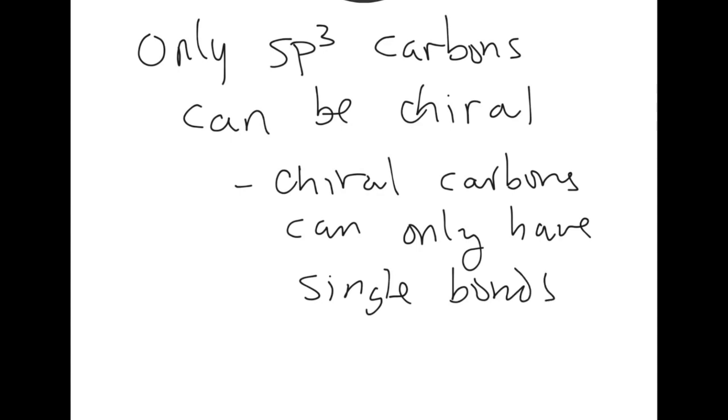So chiral carbons can only have single bonds, right? So if you have a carbon that's part of a double bond, that carbon can't be chiral. It can only have single bonds.